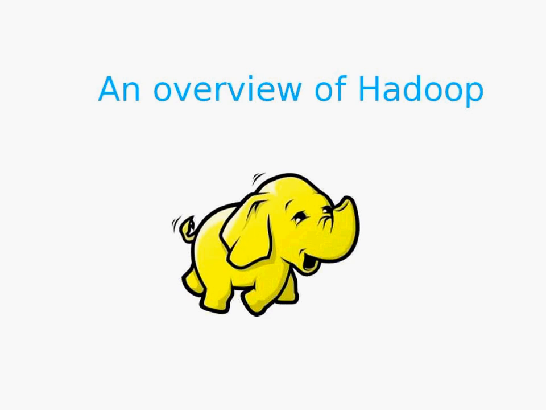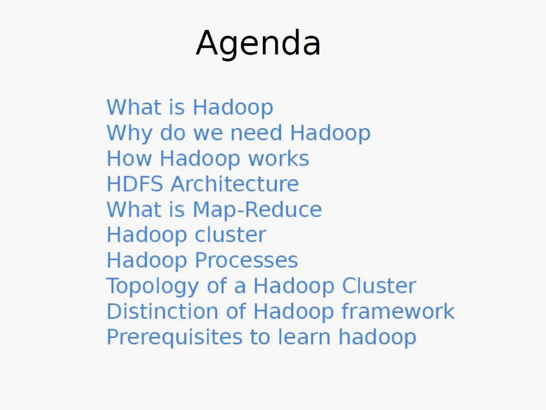This is an overview of Hadoop, or you can say this is an introduction class for Hadoop. So we'll start with the agenda. The agenda for today's class is what is Hadoop, why do we need Hadoop, how Hadoop works, then HDFS architecture, what is MapReduce. You may be listening to these words for the first time, MapReduce, HDFS, but nothing to worry.